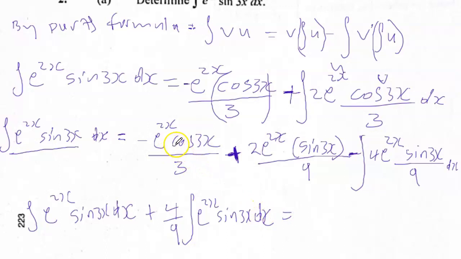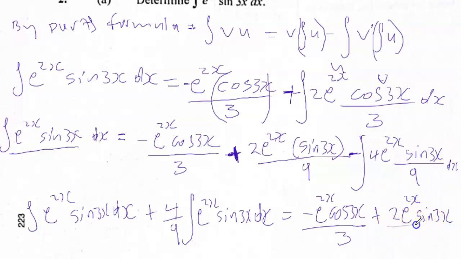And then we have our terms here, minus e to the 2x cos 3x over 3, and here, plus 2e to the 2x sine 3x over 9.